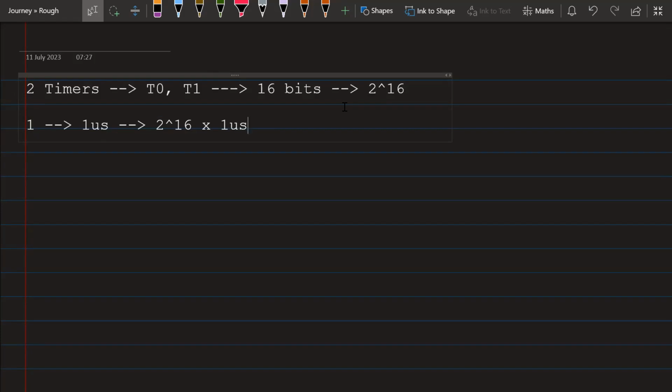Okay. This 16-bit register we divide into two parts. The first 8 bits, the MSB 8 bits, we refer to as TH, timer high, and the lower 8 bits we refer to as TL.